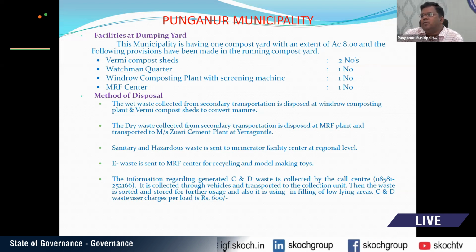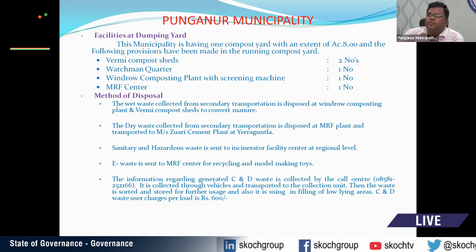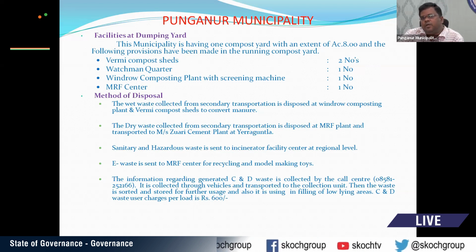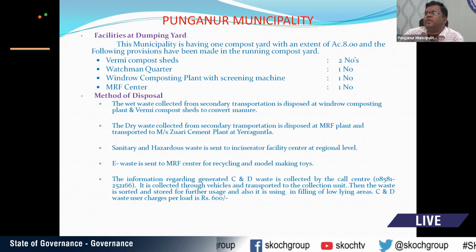Therefore, we are also encouraging small scale industry in this town so that this waste recycling is deep rooted at the community level, sir. Apart from that, construction and demolition waste is also properly managed, sir.